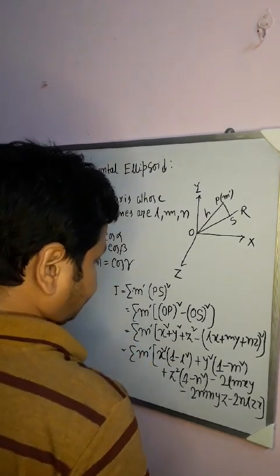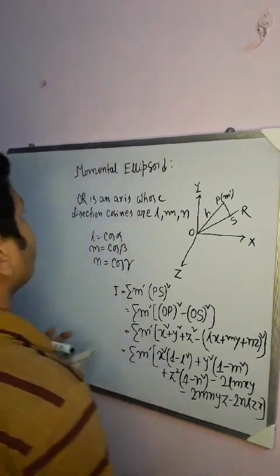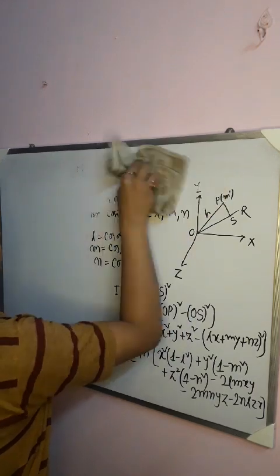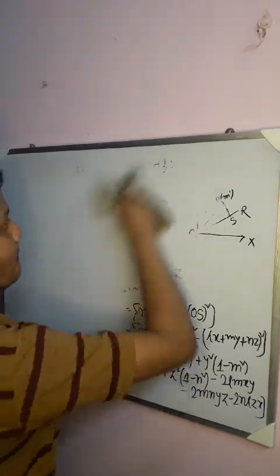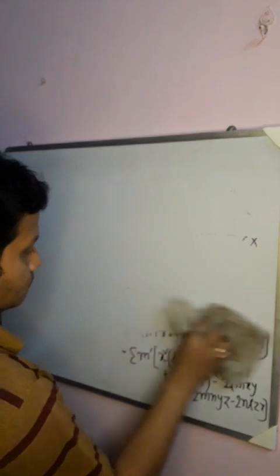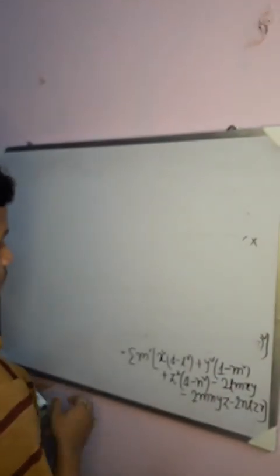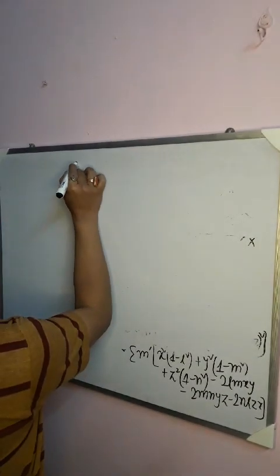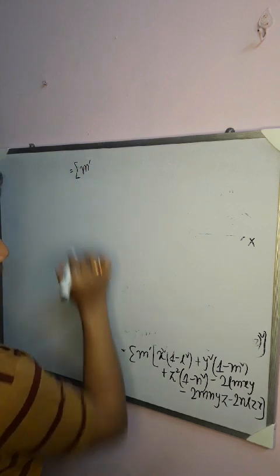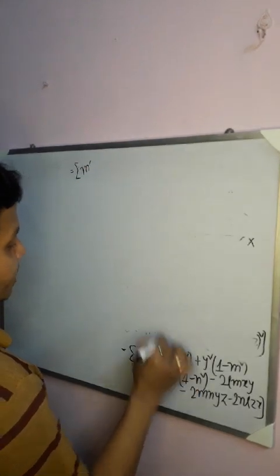Let us do it further. Summation of m dash, this is 1 minus L square.